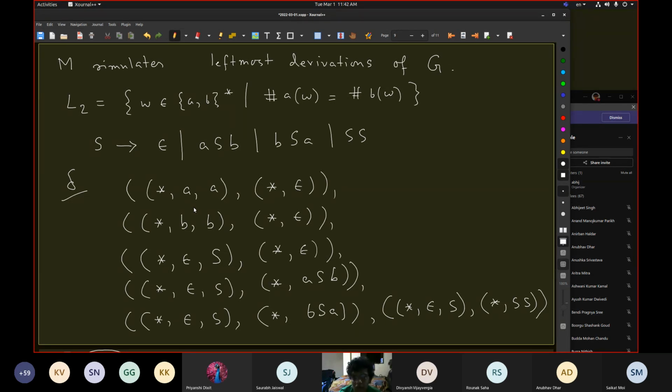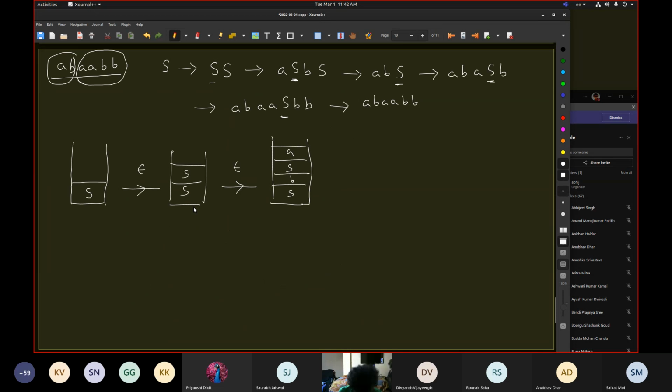So as long as S is not exposed, you keep on consuming the same symbol from the top of the stack and the input.